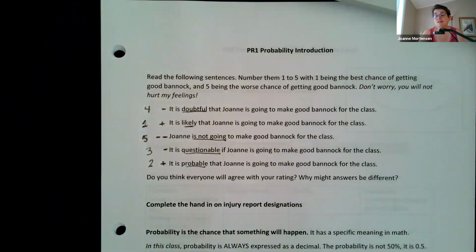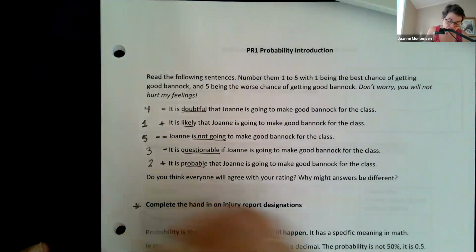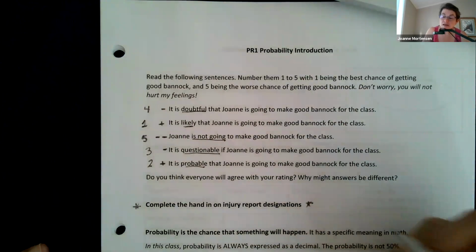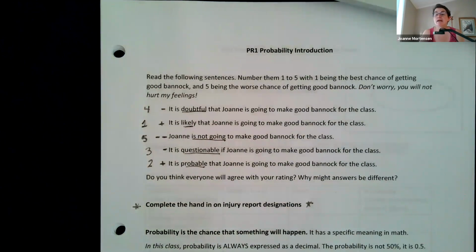Don't like that enough. This, not so cool. But what I do want you to do is, you should have a handout. I'm not 100% sure whether it's in with your package or whether you got it separately. But there's a little article to read on injury report designations and a few questions to answer.